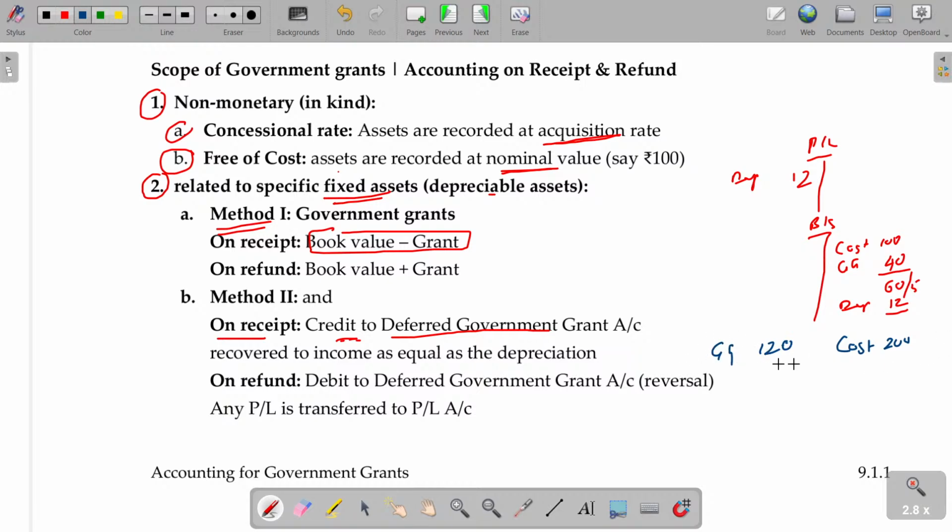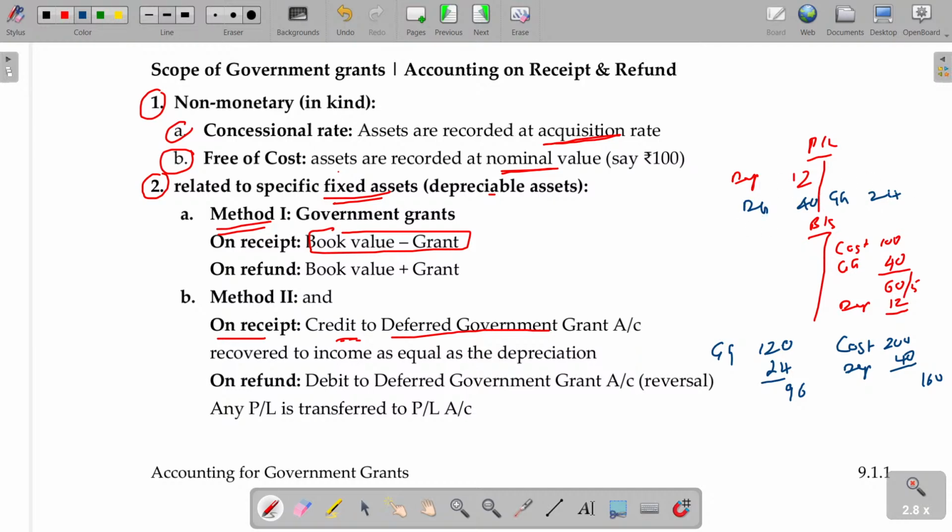And life being 5 years, so you have to claim the depreciation for 5 years, 40 rupees per year. Similarly, the grant should also be amortized over the 5 years period. The value is 24. So this value being 96, this value being 160. This 40 will be debited and 24 will be here. So government grants amortized and depreciation charged.